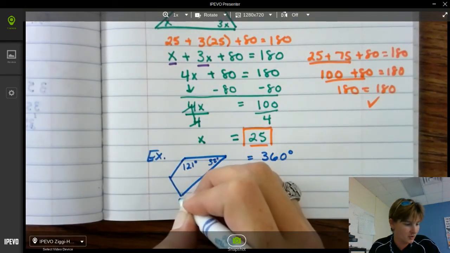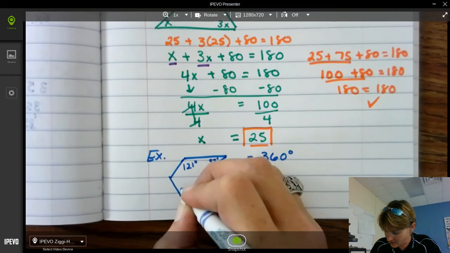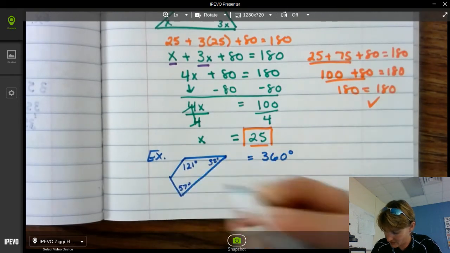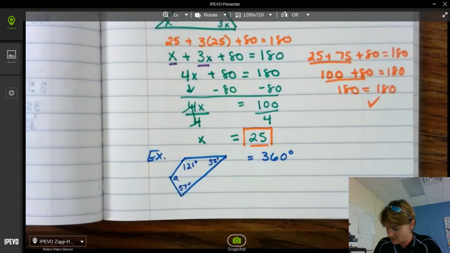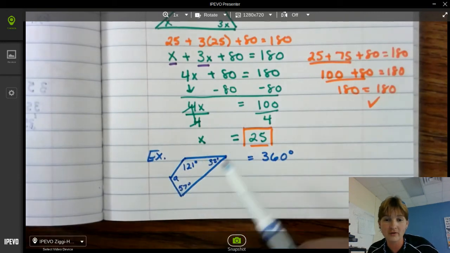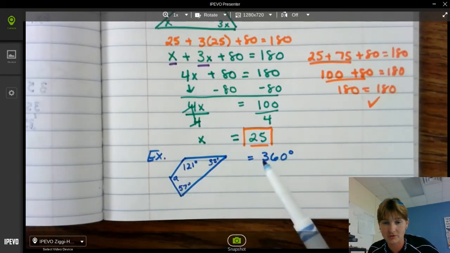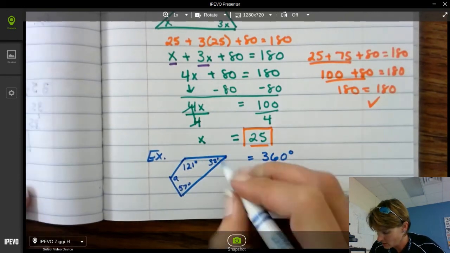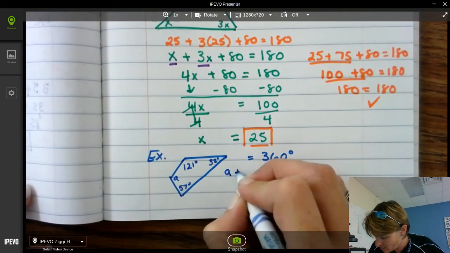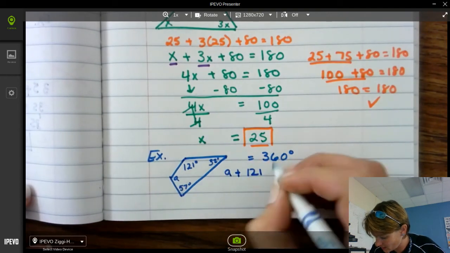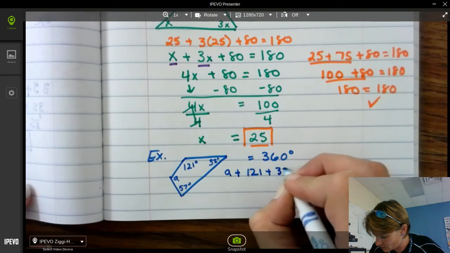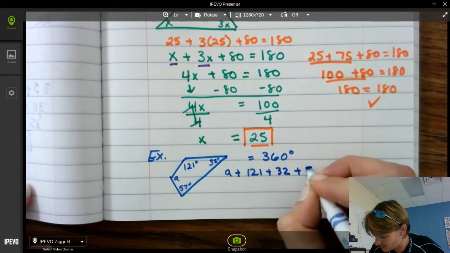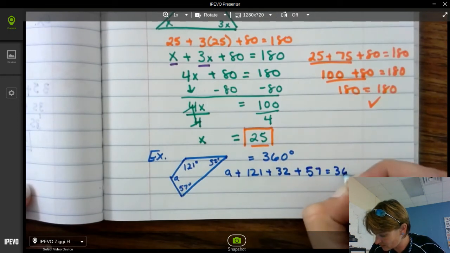And then let's say that this one's 57 degrees and A. So all 4 of these angles added together should equal 360 degrees. So we have A plus 121 plus 32 plus 57 equals 360.